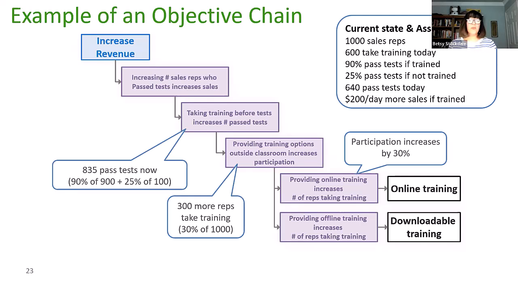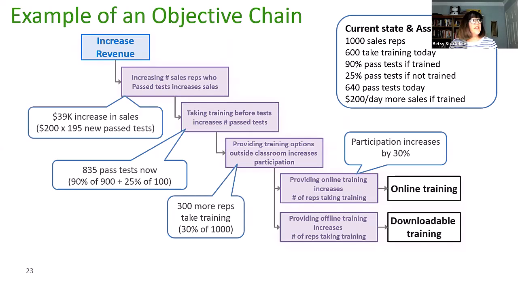Which now means we have 835 people being able to pass the tests. And you can see the equation that we've got there. Which then means that we actually will sell $39,000 more a day, because we have these additional people.